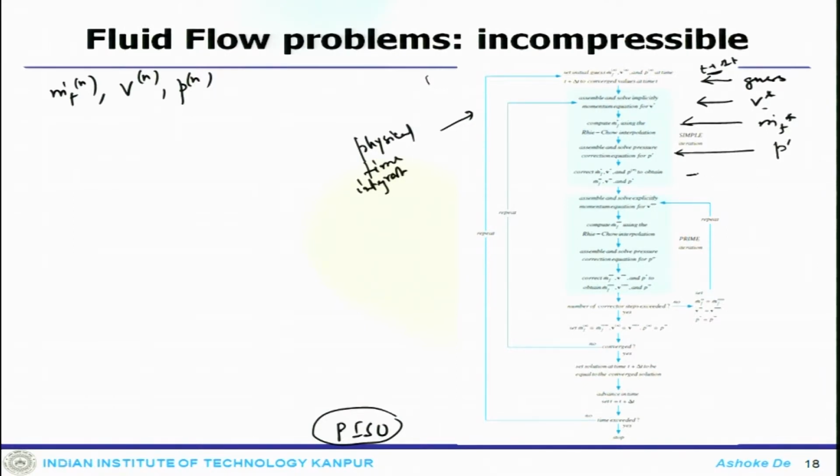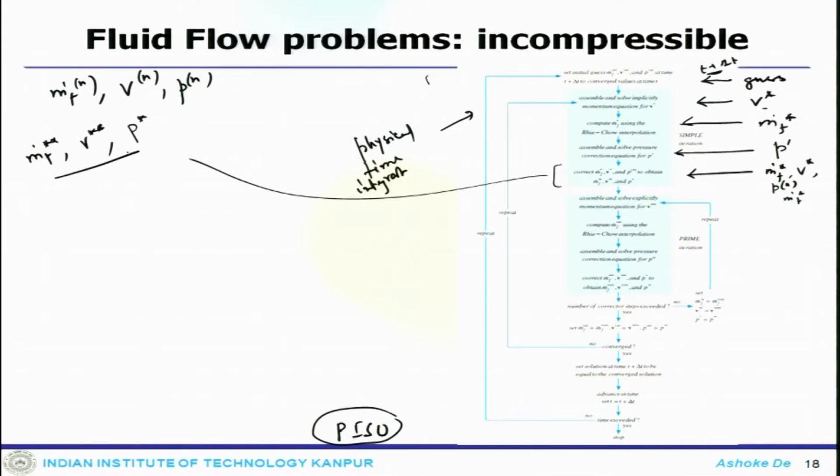Once you are done, then obviously using the pressure correction, the m dot f star, v star and p n are corrected to get m dot f double star. So, at this step you finally get m dot f double star and v double star and p star, which is calculated based on these corrected values using the p prime equations.